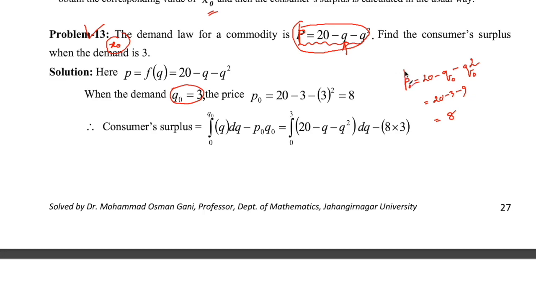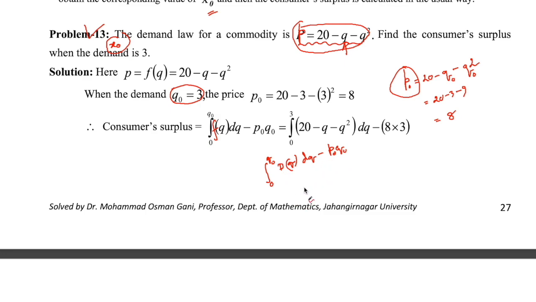So now you know p0, you know q0, and you know your demand function. You can write the integral from 0 to q0 of the demand function dq, minus p0 q0.